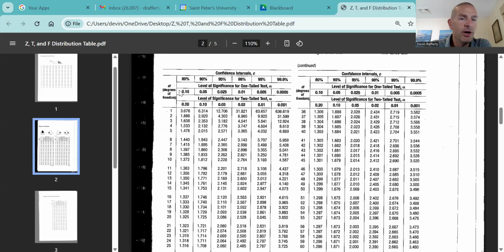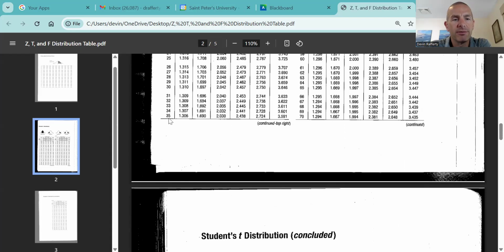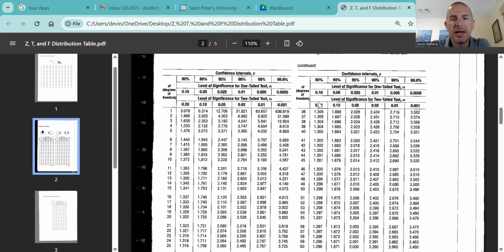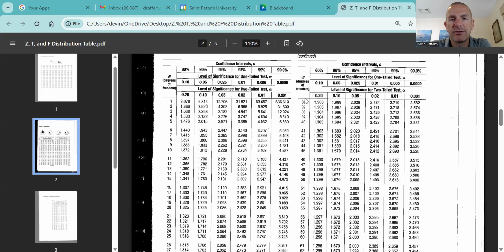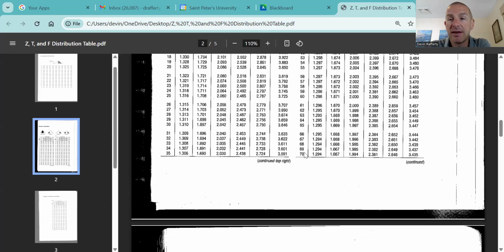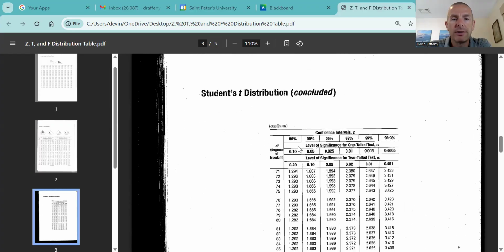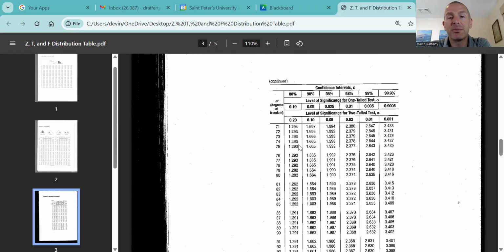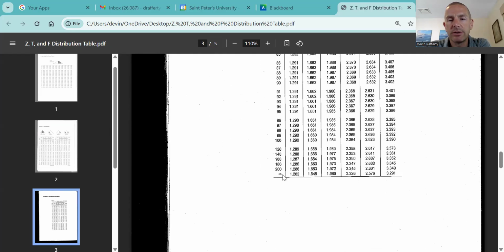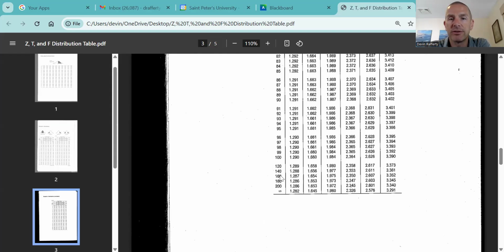Then we already know that down the rows on the left-hand side of the page, we have degrees of freedom. It goes 1 to 35. And then it picks up again over here on the right-hand side, degrees of freedom 36 to 70. Okay. And then on the third page of the PDF, the second page of the T distribution, we have 71 to infinity for degrees of freedom.